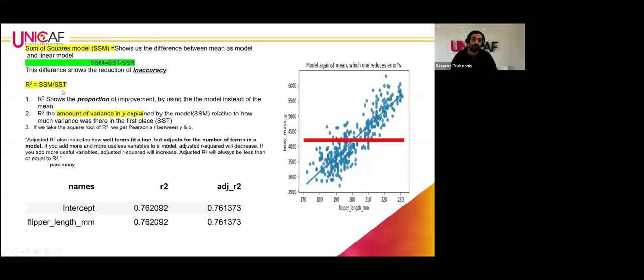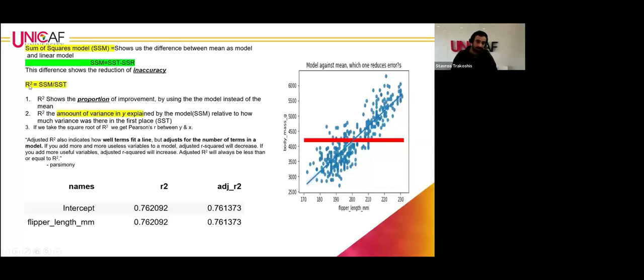And if I want to get a ratio of how good my model is at improving the fit in comparison to the mean as model, I do this calculation here, which is the sum of squares model, which is the reduction of inaccuracy, over the sum of squares total, which is the mean as model.